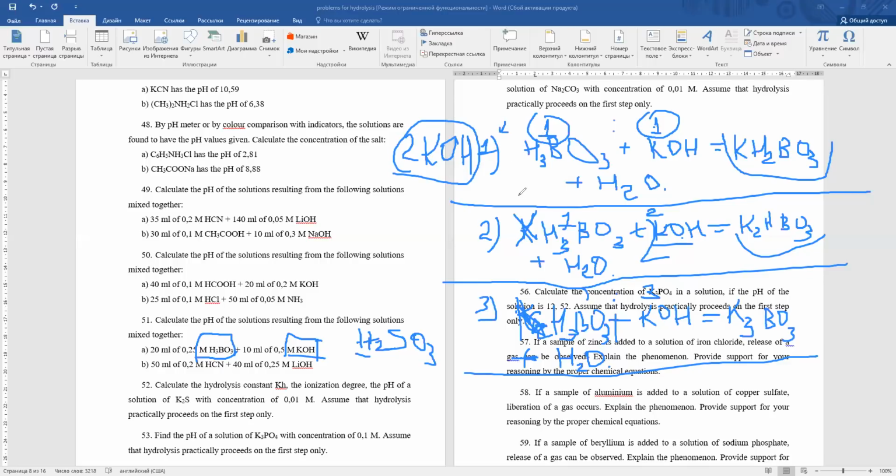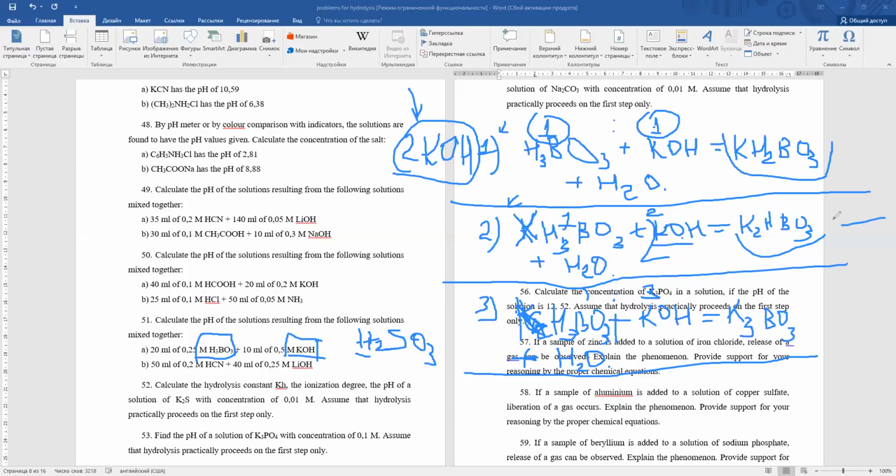After that, the second step occurs, and then the reaction is complete, and it can't continue to the third stage because the moles of the potassium base are limited to 2 moles.